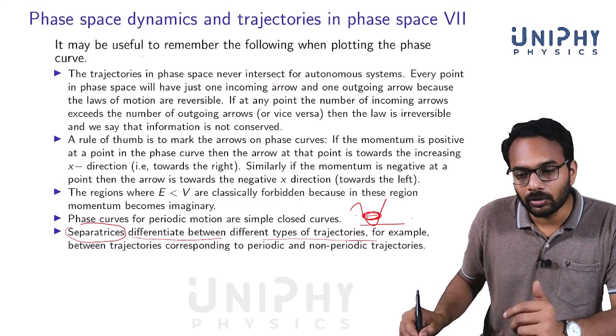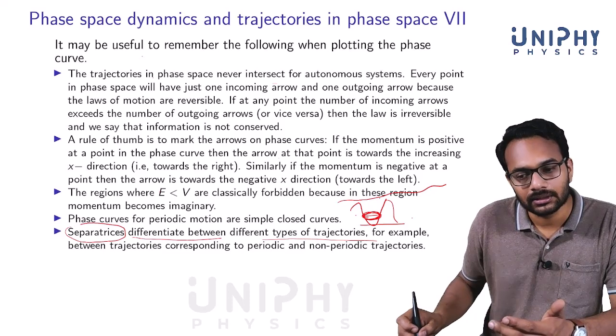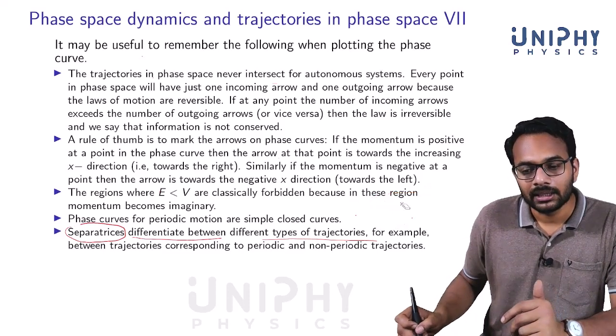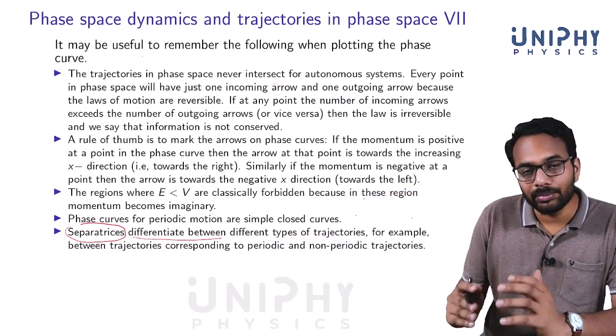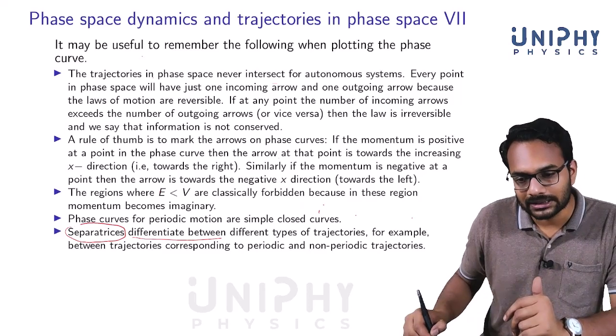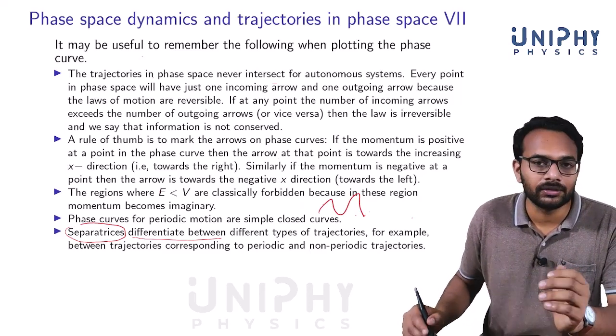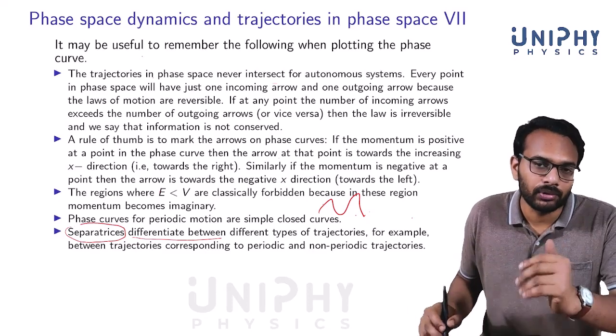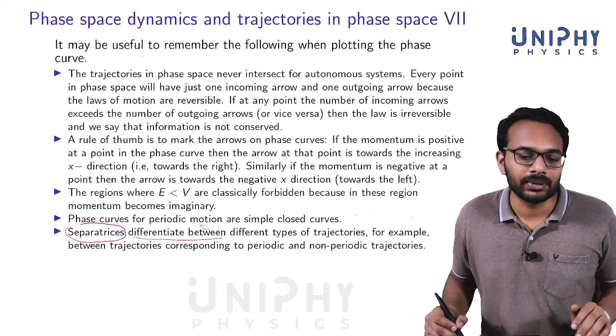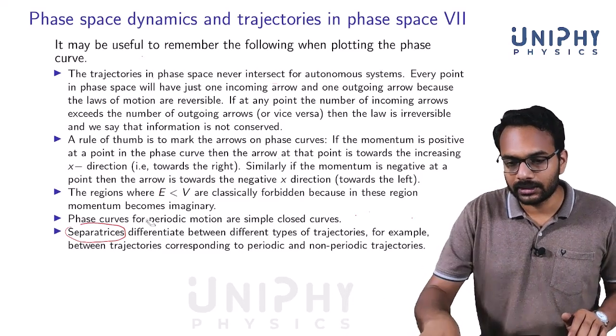But outside this region it's free, the momentum is free, this is an open curve, not periodic motion. In between these two possibilities, there will be curves which separate them, and these are known as separatrices.